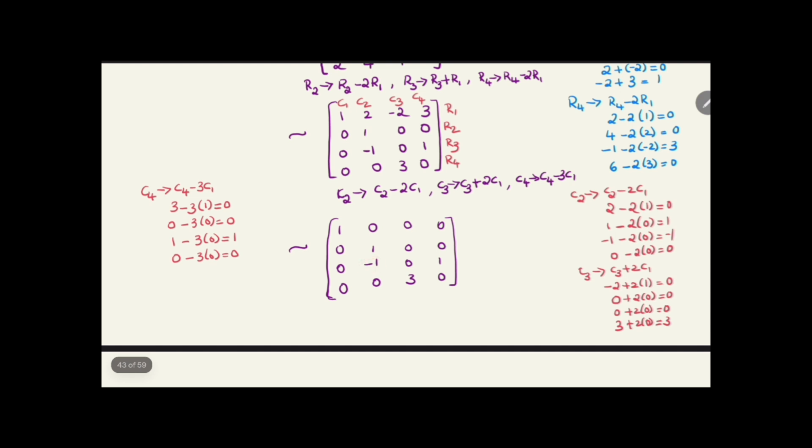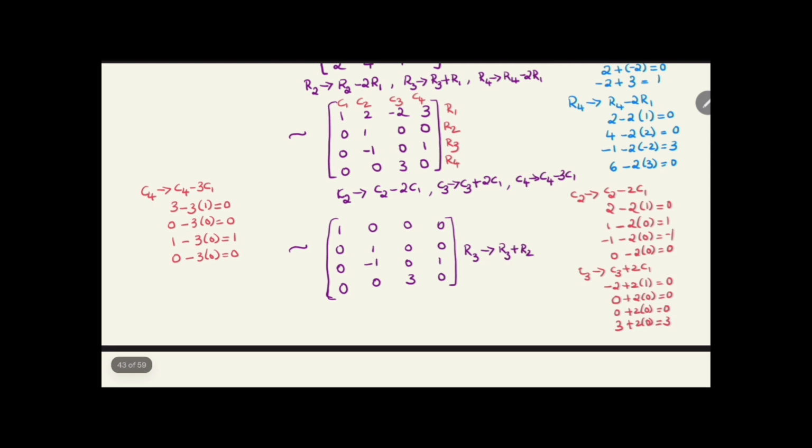How will you make it 0? For that I have to make use of operation like R3 implies R3 plus R2.